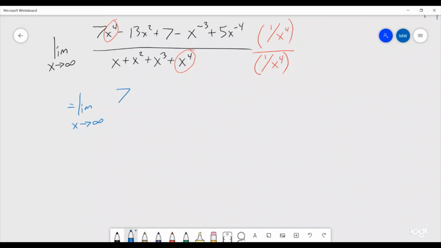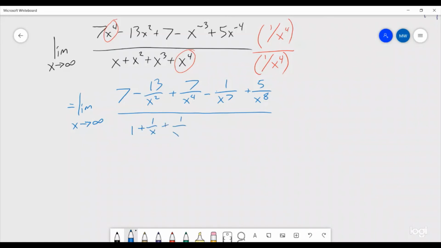This is going to be (7 minus 13 over x squared plus 7 over x to the 4th minus 1 over x to the 7th plus 5 over x to the 8th) all over (1 plus 1 over x plus 1 over x squared plus 1 over x cubed). Now this is a limit that we can evaluate the top and bottom.